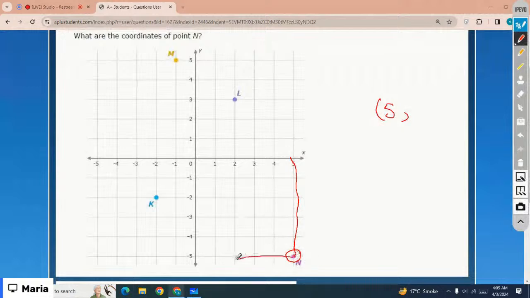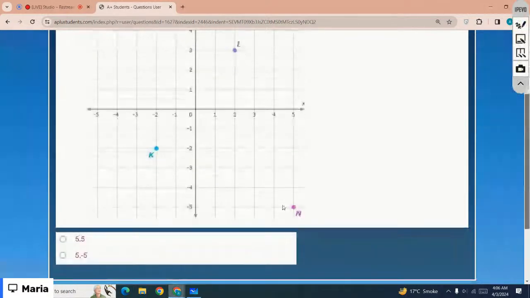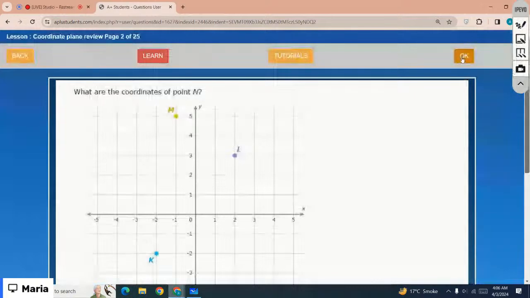In the same way match it to the y-axis, that is -5. So the coordinates of the point N are 5 and -5. Got it? The second option, 5 and -5, is the correct option.